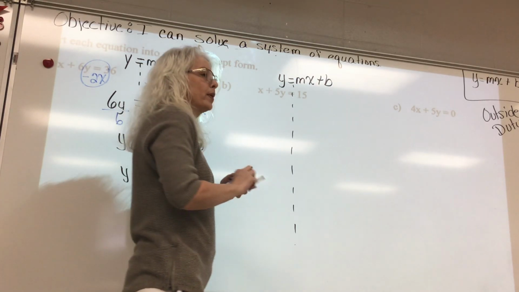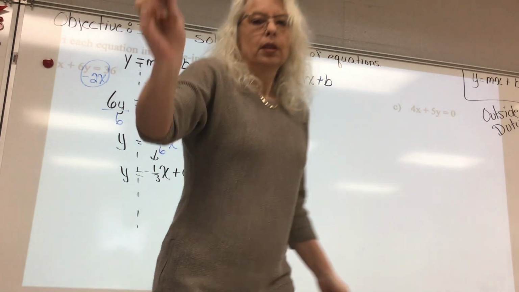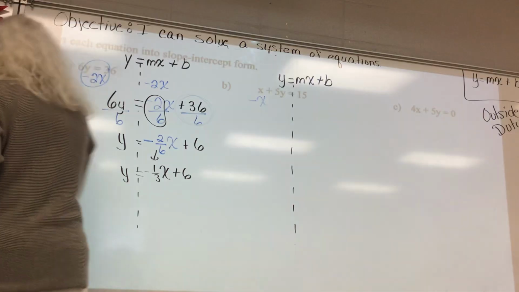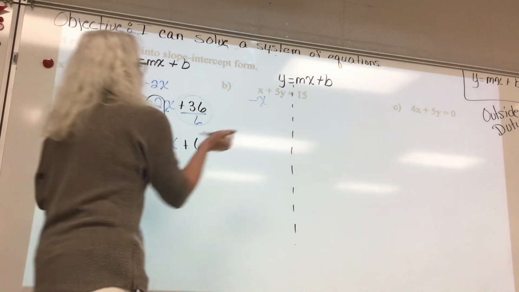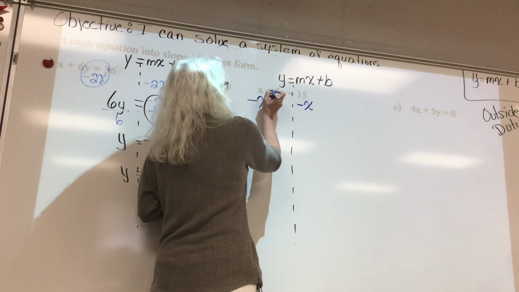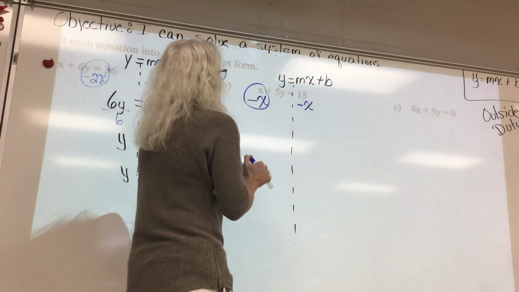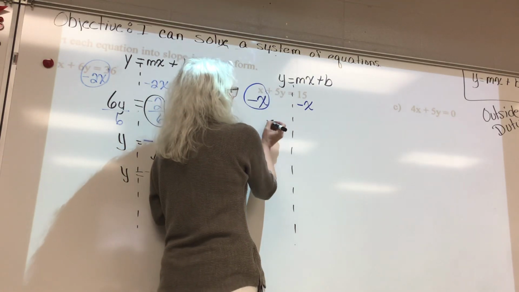No, so we get rid of it by doing the opposite. Circle my like terms and combine them. Bring down my positive 5y.